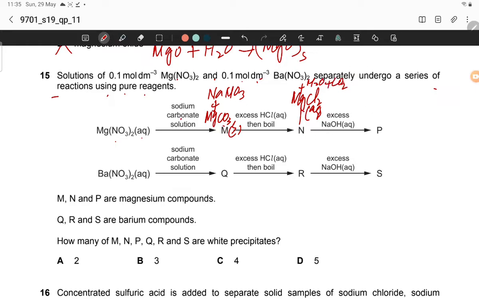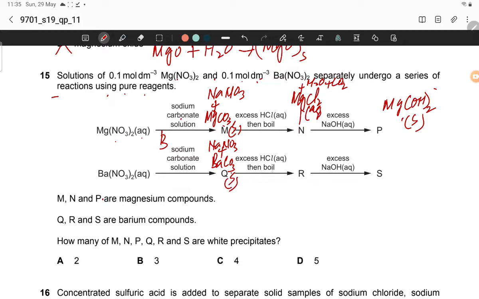Magnesium chloride reacts with excess sodium hydroxide to form an insoluble solid. Barium nitrate plus sodium carbonate forms barium carbonate plus sodium nitrate. This is solid.